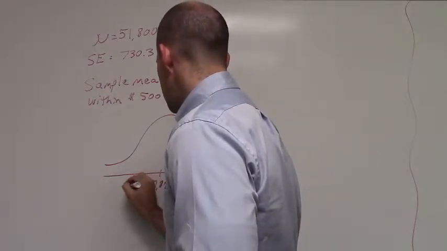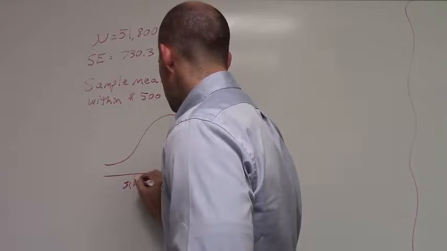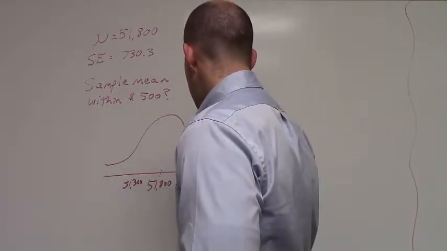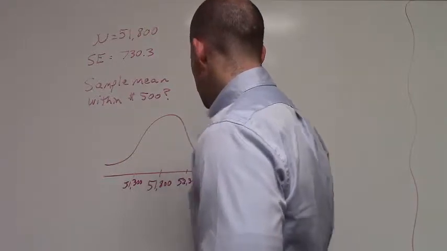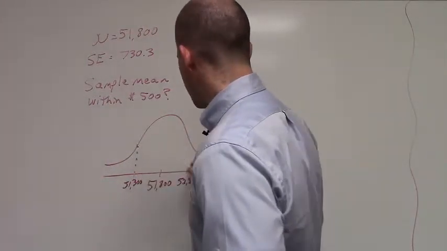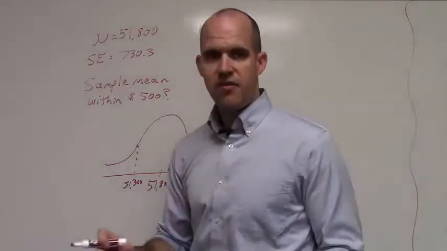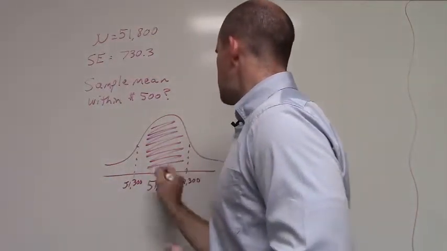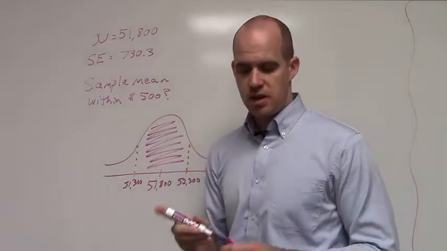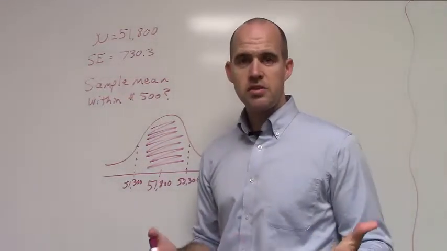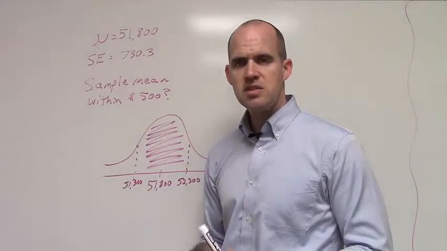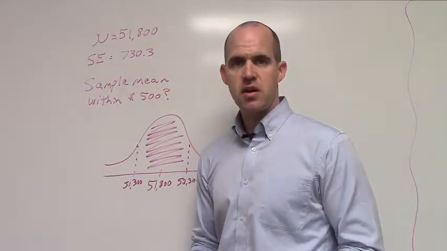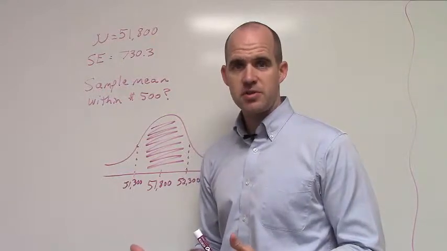So that would be 51,300 on this side, and then that's going to be 52,300. So the probability that if I pull out a sample, that sample mean is going to be within this particular territory. Well, recall z-scores, right? And so we want to convert each of these values to a particular z-score, and then we can figure out how to solve this particular problem.